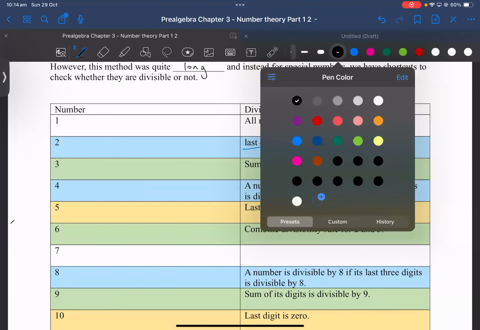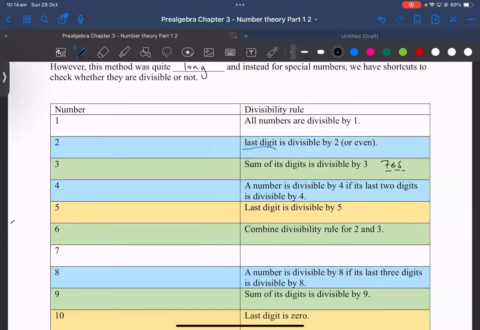And the next one is for number 4. For checking numbers divisible by 4, you just have to see if the last 2 digits are divisible by 4. What I mean by that is if you have a huge number, let's say 1, 2, 3, 4, 7, 6, 7, 8, 8, 1, 3, 4, 8. Is this divisible by 4?